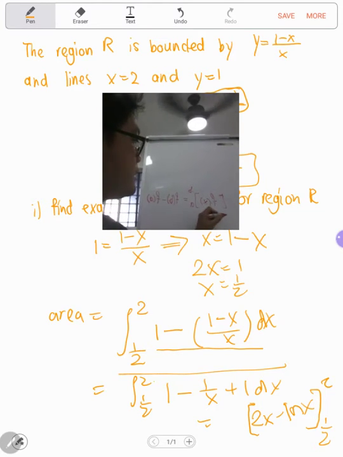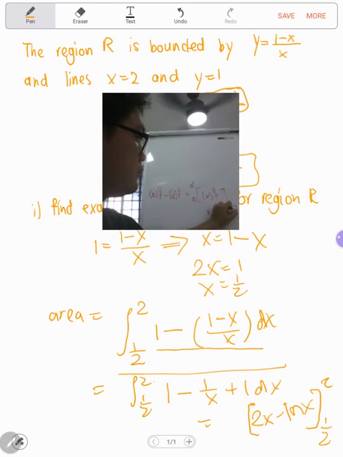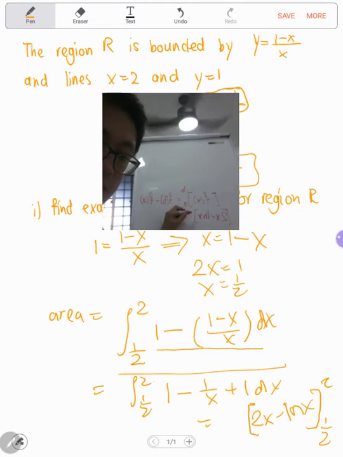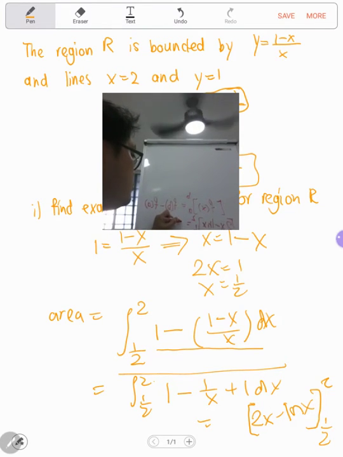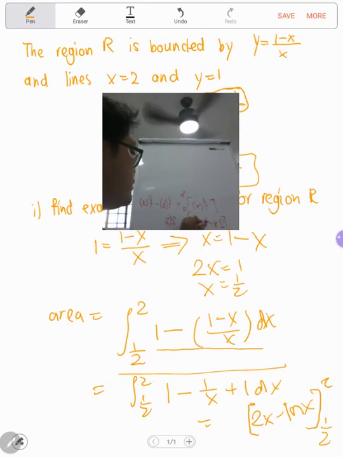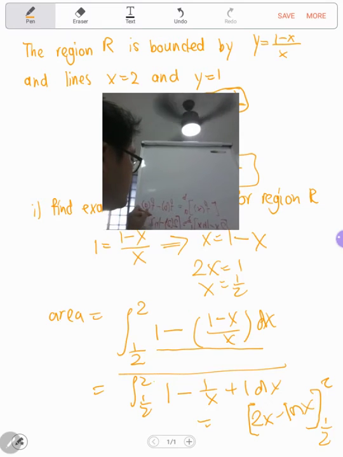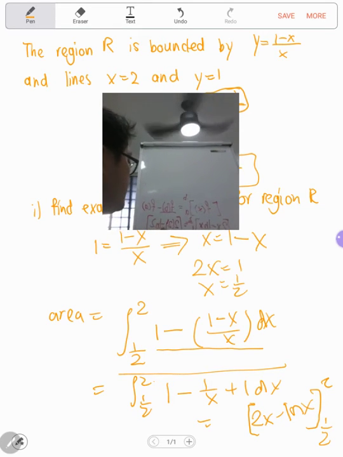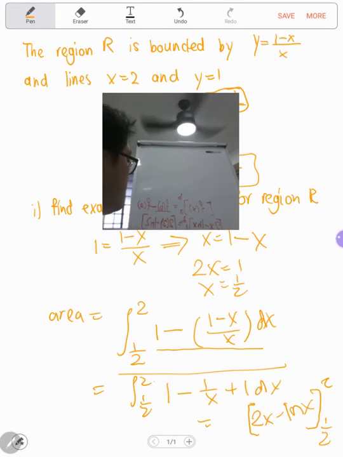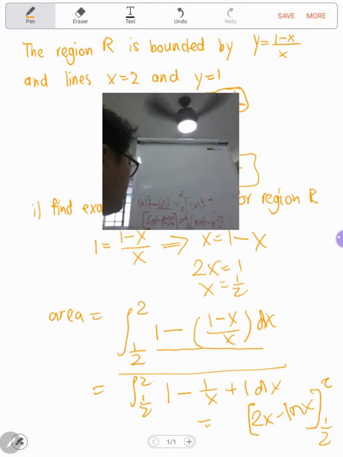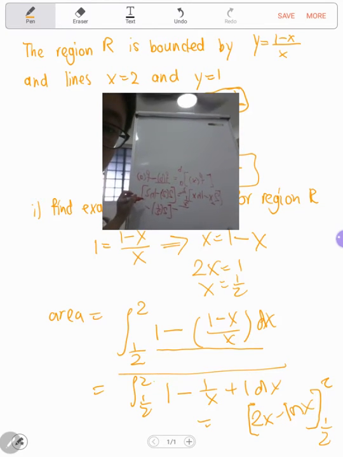So we have 2x minus ln x from half to 2. It will be 2 times 2, because I'm substituting 2 for x, minus ln 2. This is the first part, minus 2 times half, because half is substituted for x, minus ln half.